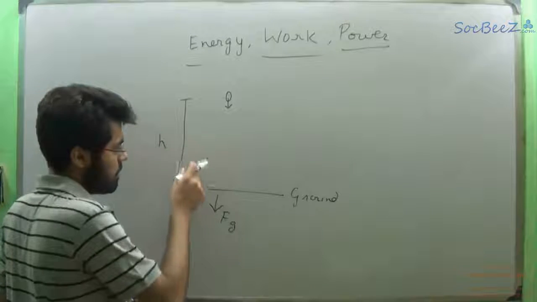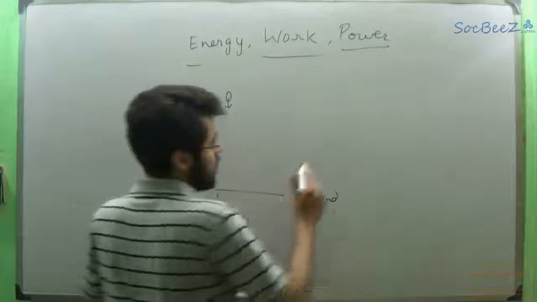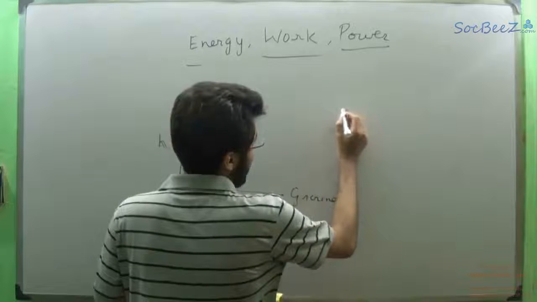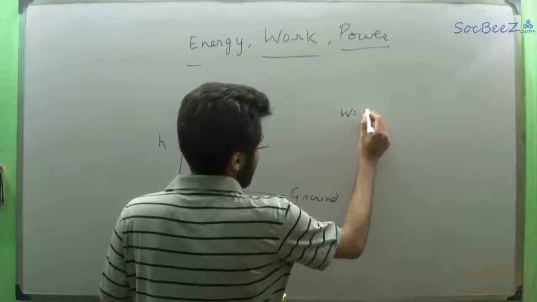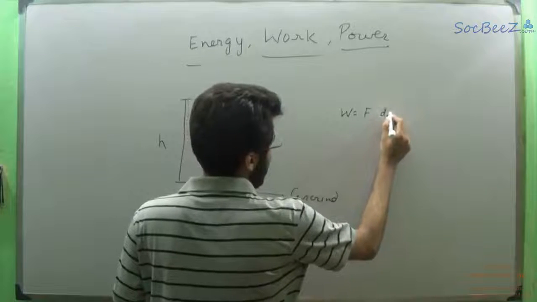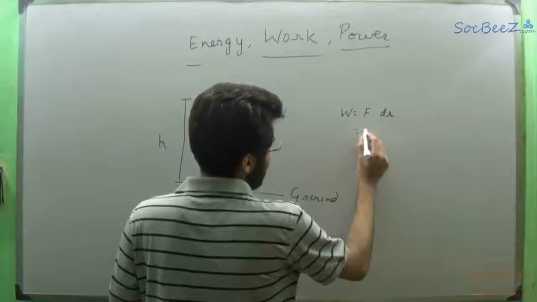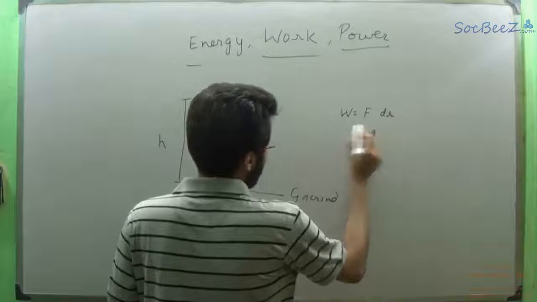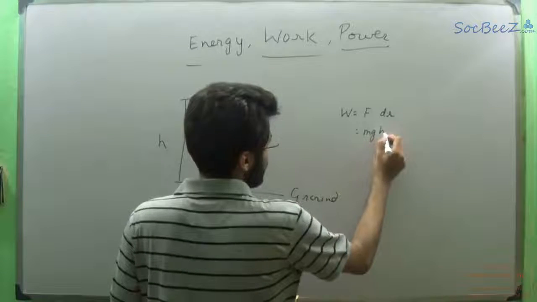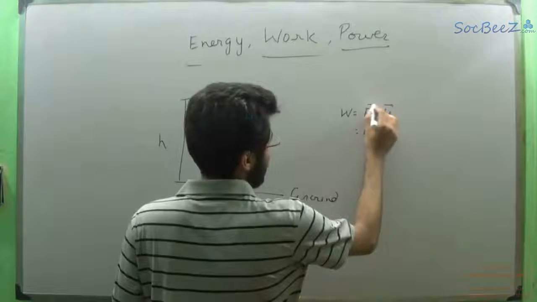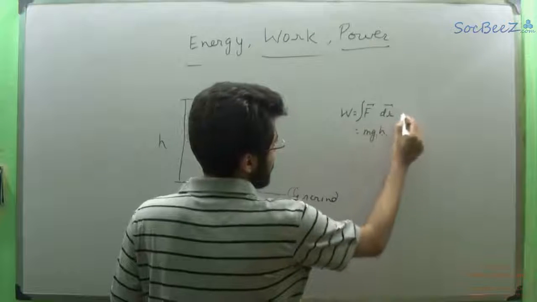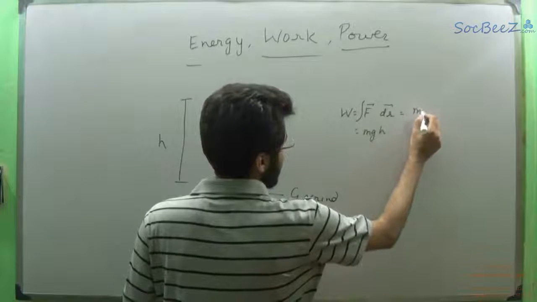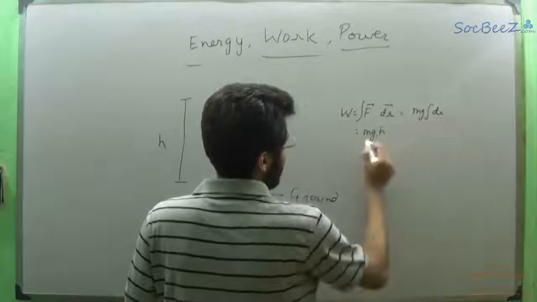The force is acting in the same direction. So what we are saying, that work done is your F dot dr. So it will be simply mg into h, because in the same direction, so it will just come out mg and integration of dr, that will be mgh.